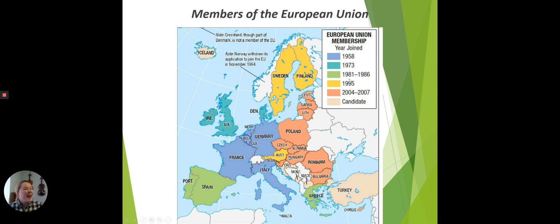All right. 81 to 86, we see this interesting thing happen where the EU brings in some slightly poorer countries with some wealthy spots in them. You remember, I pointed out Portugal had some wealthy cities, Spain has some wealthy cities, Greece has some wealthy parts. But for the most part, these countries have some very wealthy and some very poor sections.